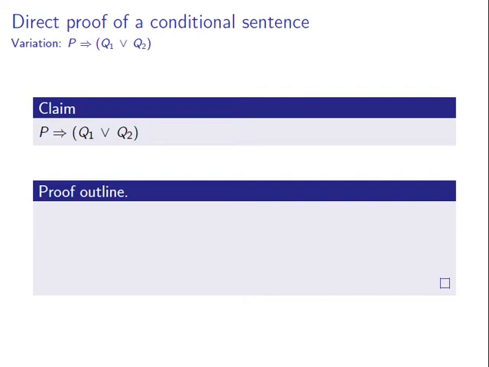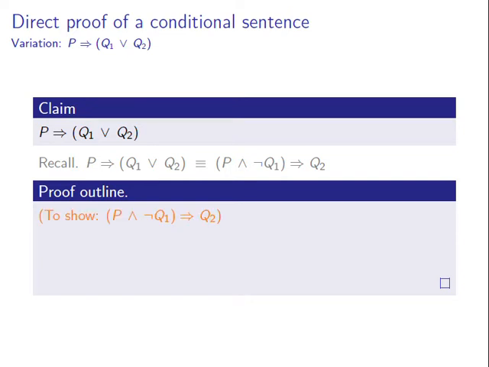Consider the case where the claim is a conditional sentence whose consequent is a disjunction. Recall that the propositional form P implies either Q1 or Q2 is equivalent to the conditional sentence: if both P and not Q1, then Q2.